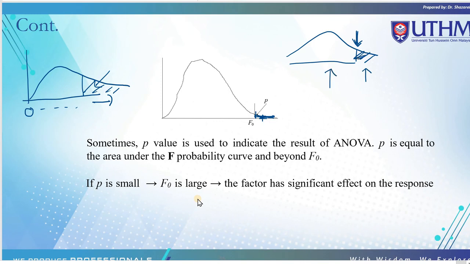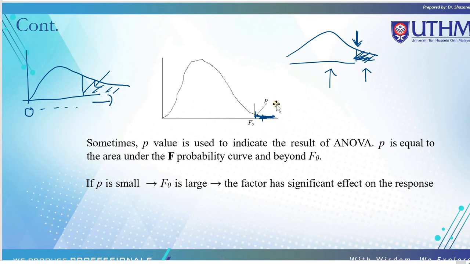If it falls into the rejection region, we will reject the null hypothesis. Otherwise, if it is not greater than the critical value and is instead in this area, we will not reject the null hypothesis.